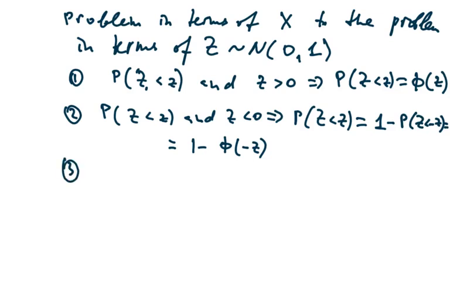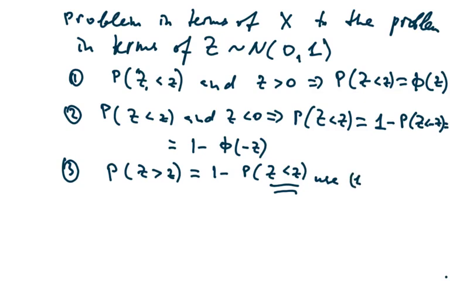Third case, if we are looking for the probability for random variable Z to have a value more than small z, then this will be equal to 1 minus the probability that Z is less than z, and this is found with one of the first two ways, use 1 or 2.